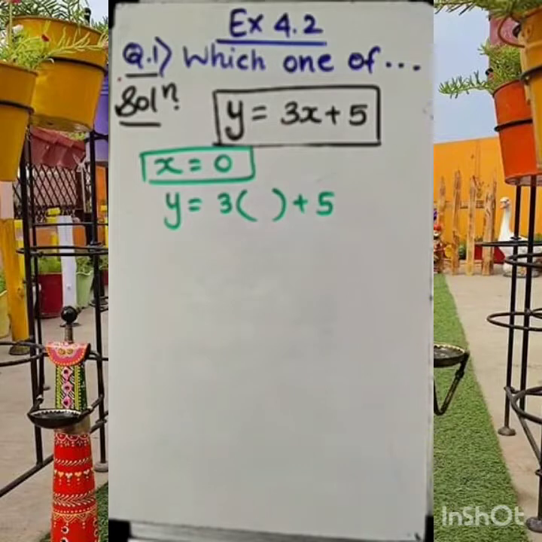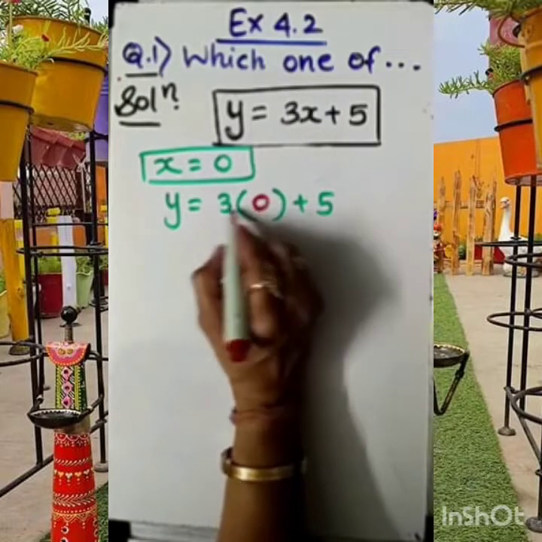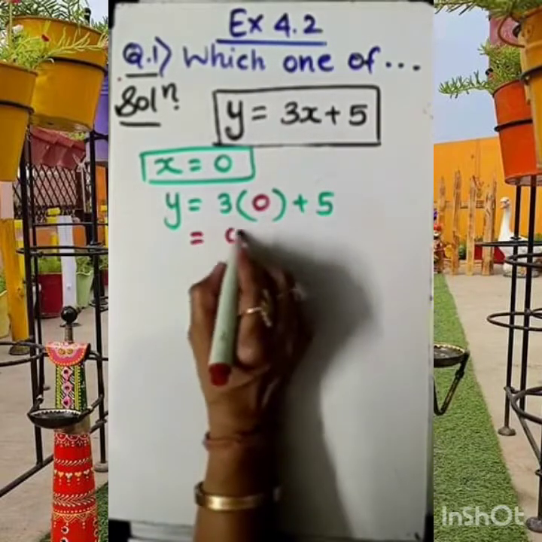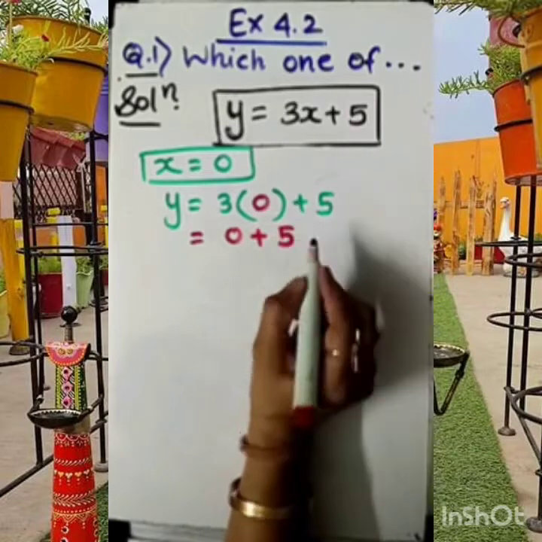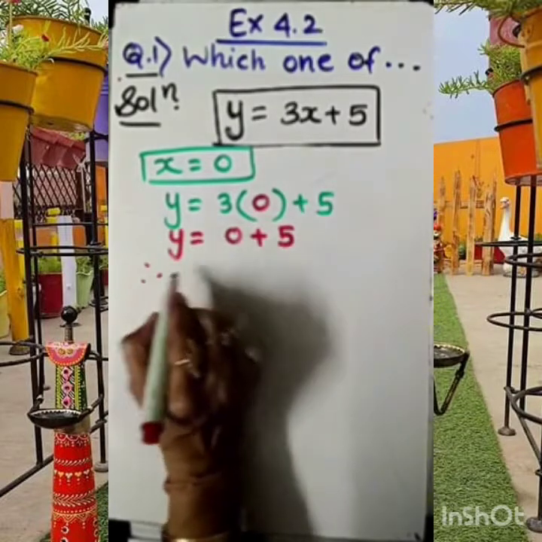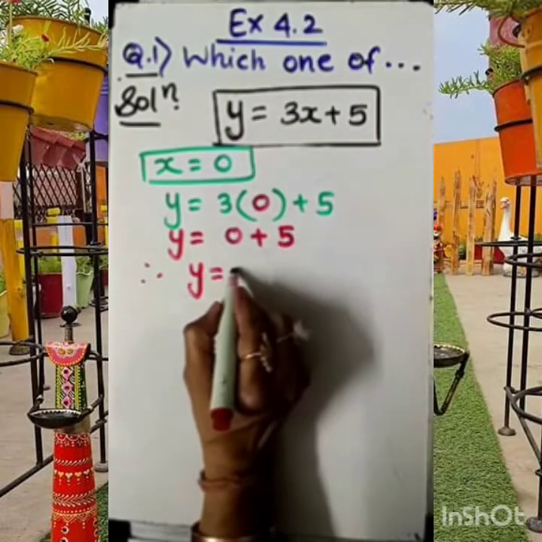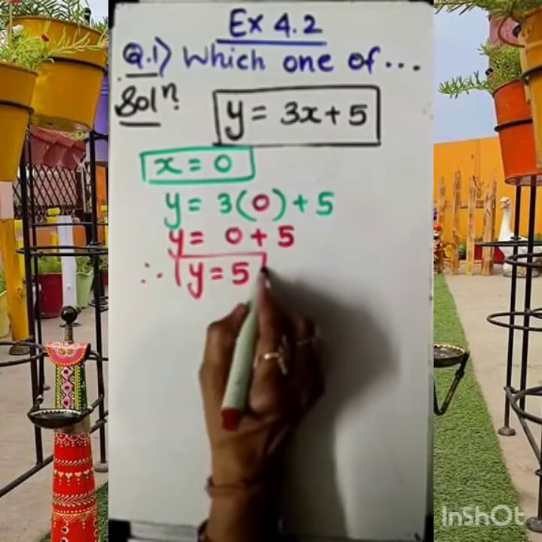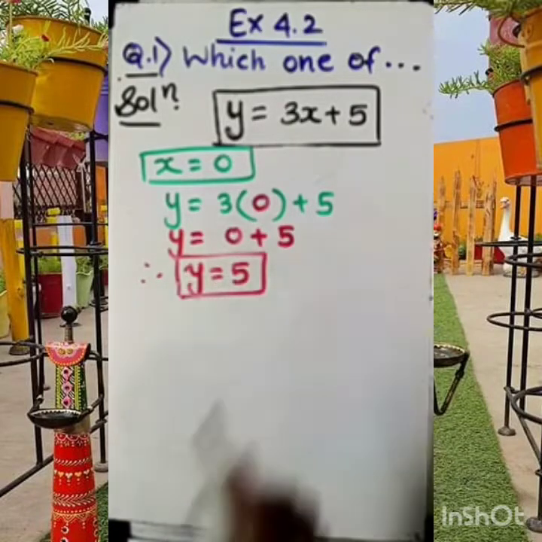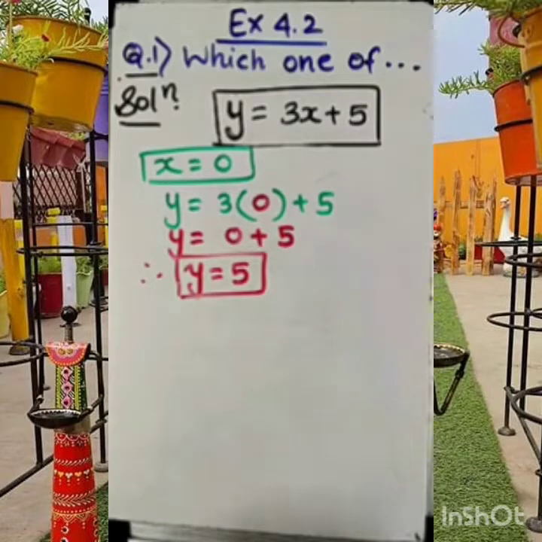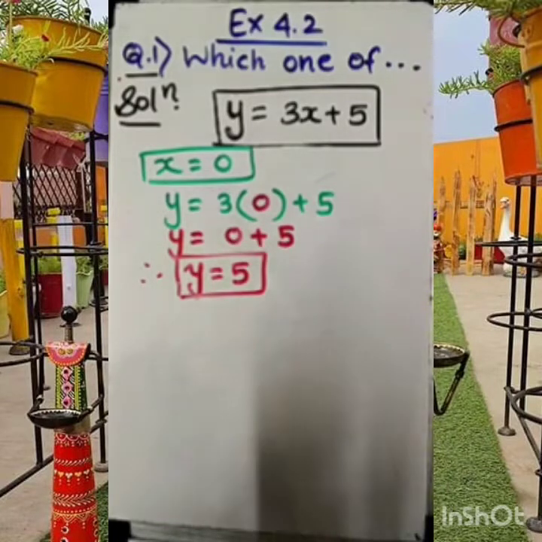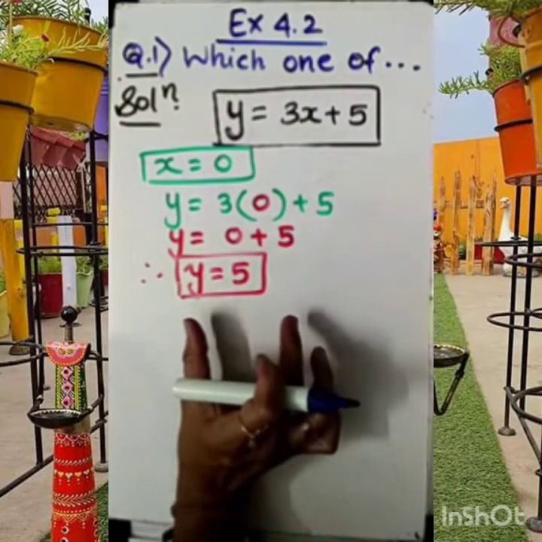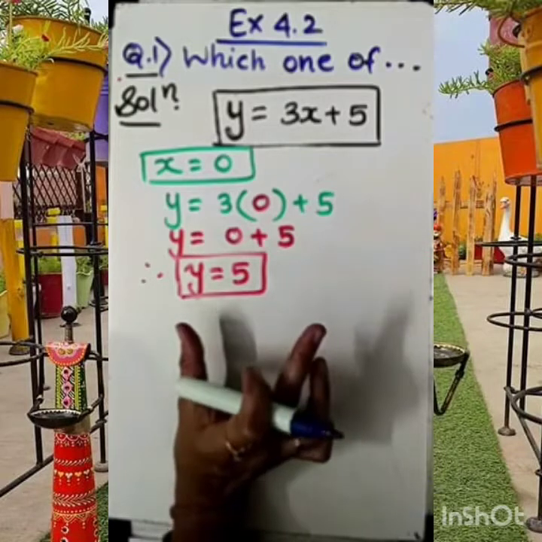So 0 multiplied by any number gives the result 0, so here it will be 0 plus 5. Therefore, y equal to 5. Clear to you? The value of y is 5.